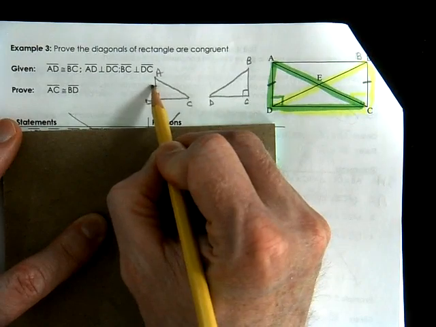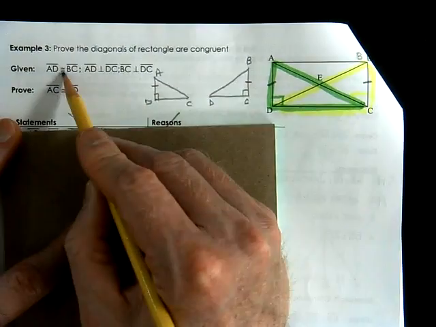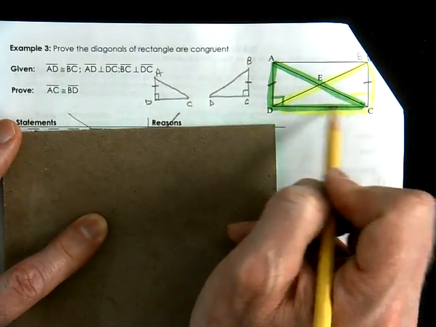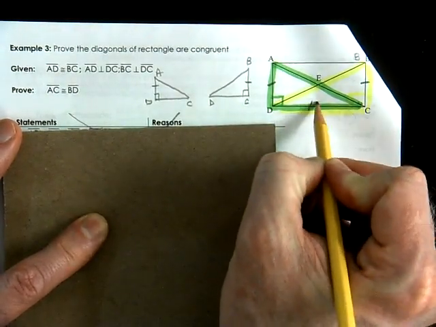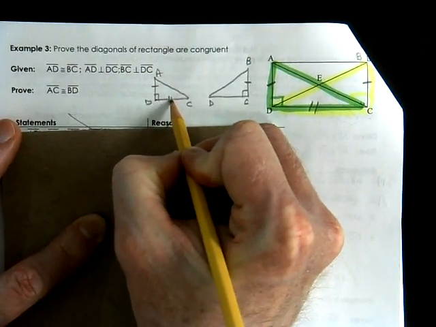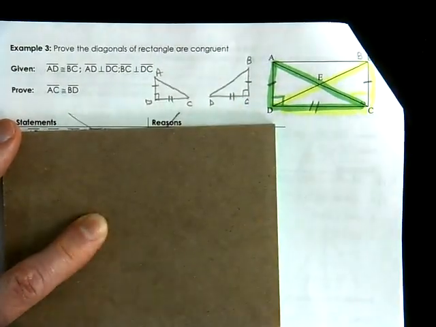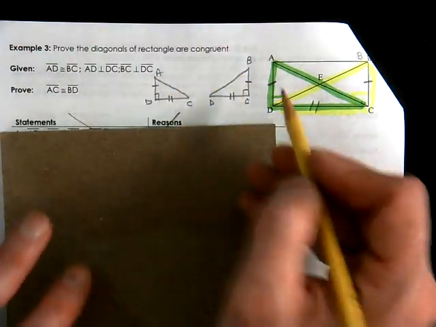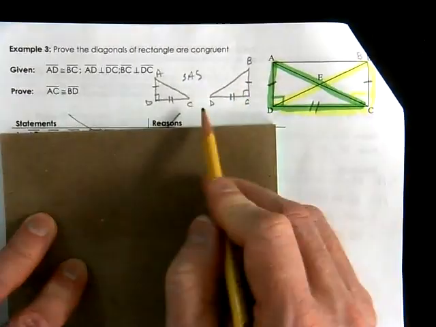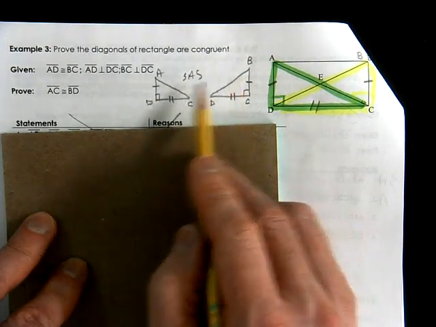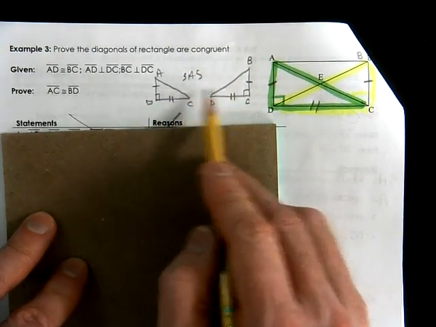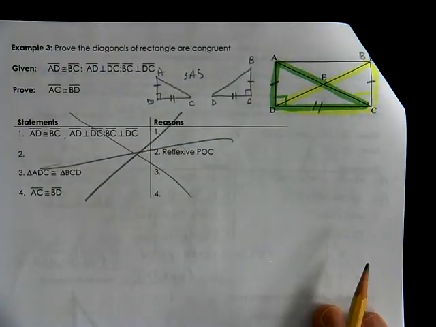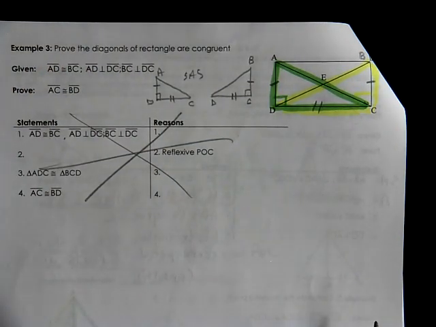We have the two bits of information, and we have the shared reflexive side. Did you notice that? That was the reflexive side. That's the third bit of information. Once the triangles are congruent by side angle side, then I'll be able to know that their corresponding parts, the hypotenuse, will be congruent. So let's go on and try to prove our triangles congruent.